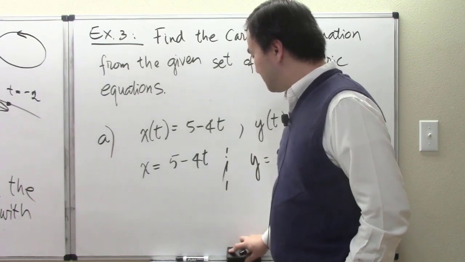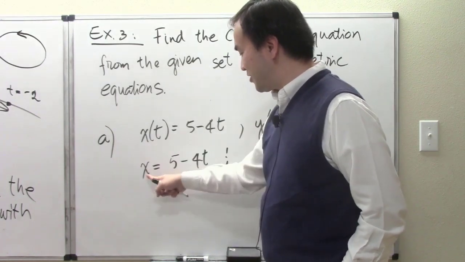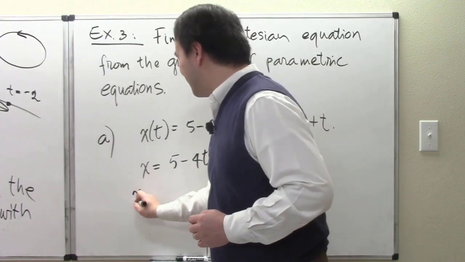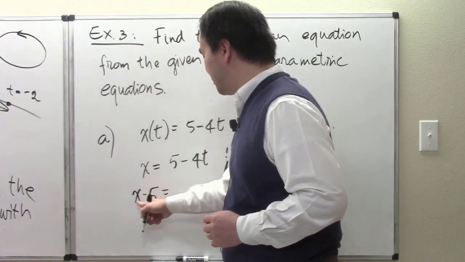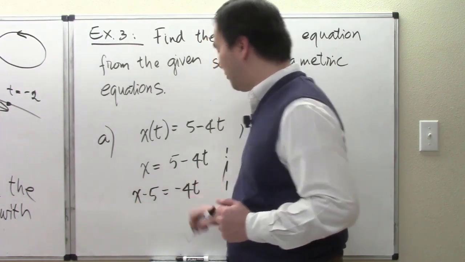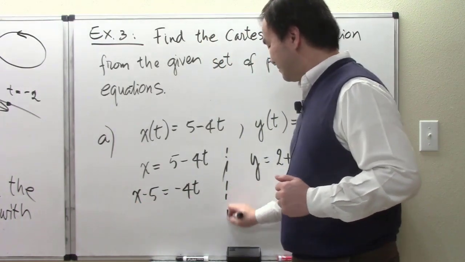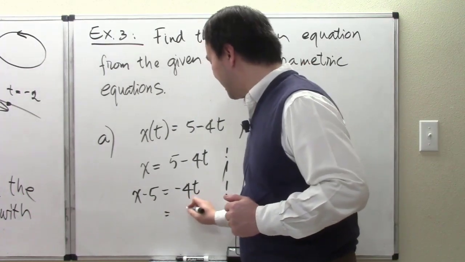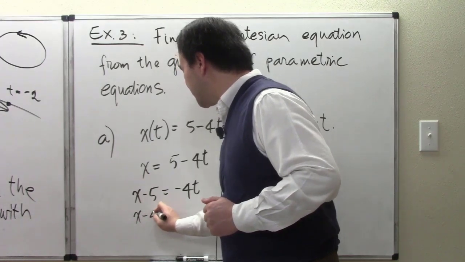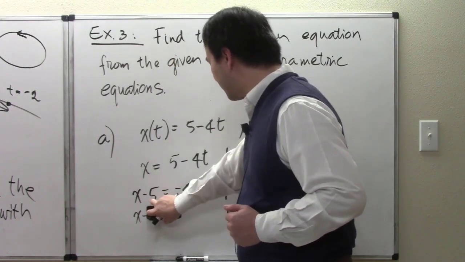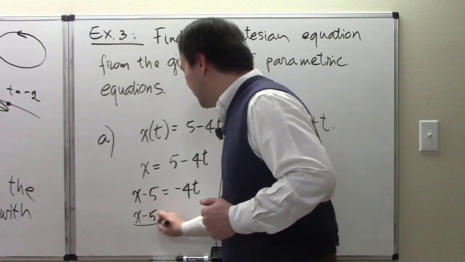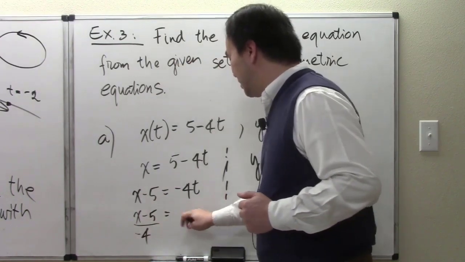From the left-hand side equation, x equals 5 minus 4t, I'm going to subtract 5 from both sides to give x minus 5 equals negative 4t. Then I can divide both sides by negative 4 to get x minus 5 over negative 4 equals t.